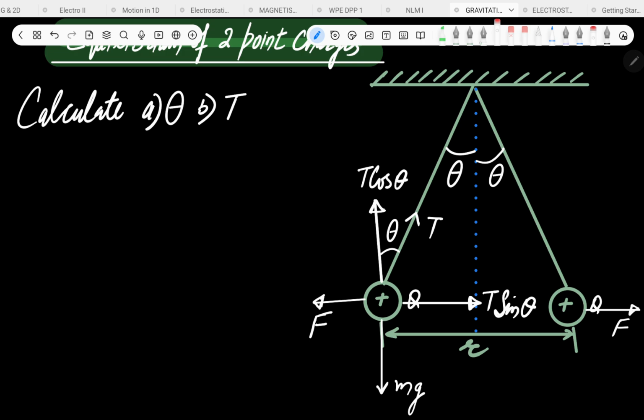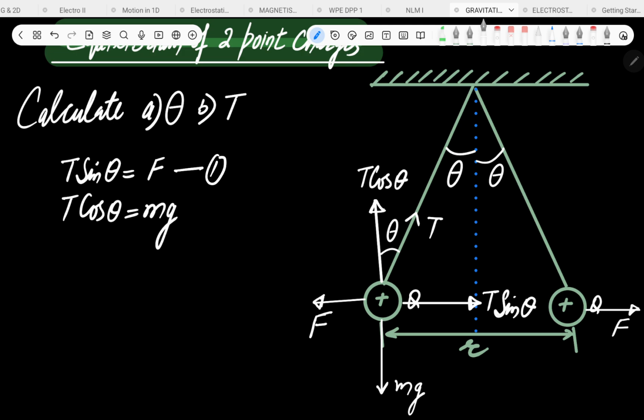So we have two equations here. Equation number one: T sin theta equals F, the electrostatic force. Equation number two: T cos theta equals mg.